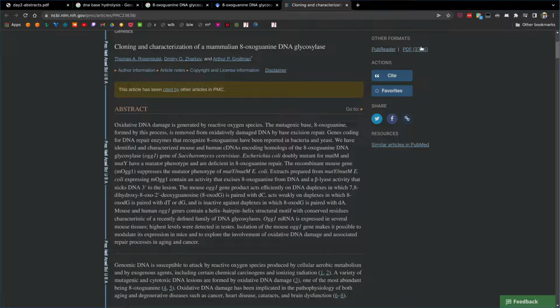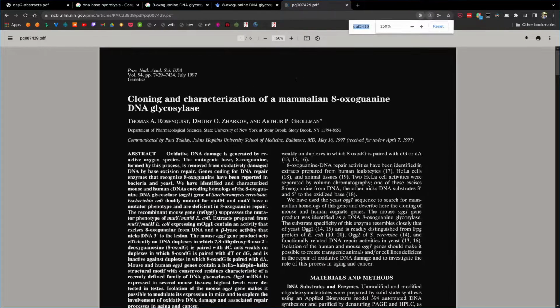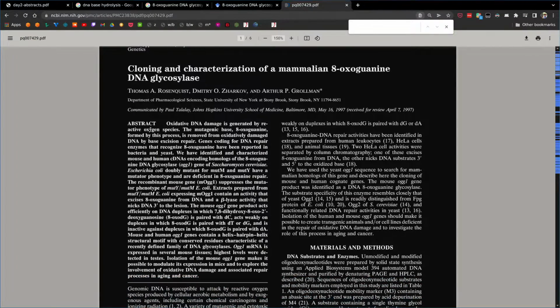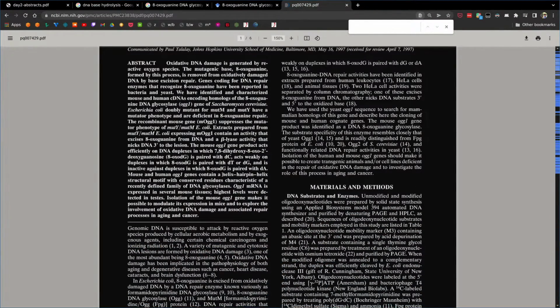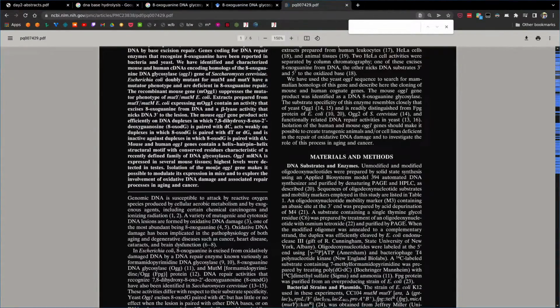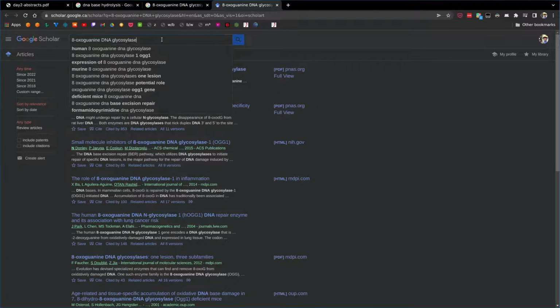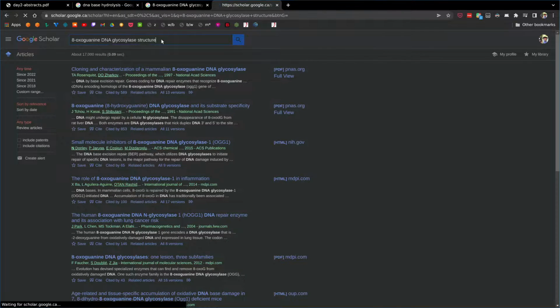Okay. PDB. Sad. Oh, it's just that. Okay, well, that doesn't matter. Structure.